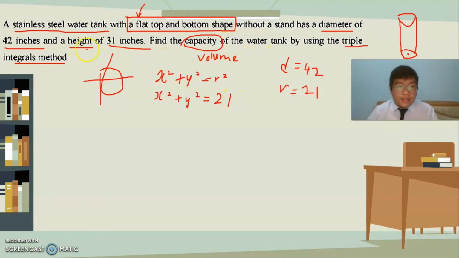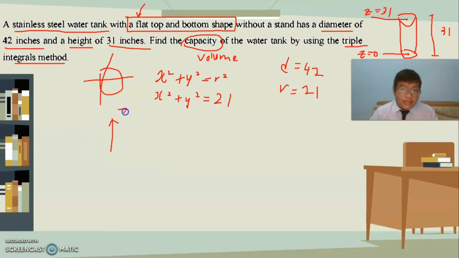After that, the height is 31 inch, which means the height is 31 from the bottom to the top. So we assume that at the bottom, the z-axis is z equal to 0, so the top is z equal to 31. So we can draw the graph like this. Here is the z-axis, y-axis, and also the x-axis.